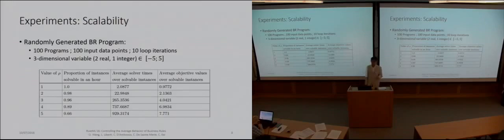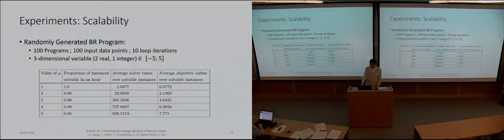And then I restrained myself to a very small number of loop iterations, so 10, because in industrial cases we often have loops that don't actually loop a lot, so we have a limited number of rule executions before we reach the decision. And I chose a 3-dimensional variable.